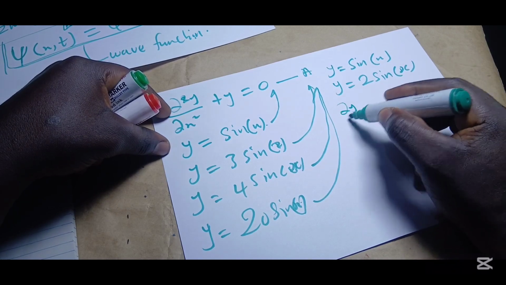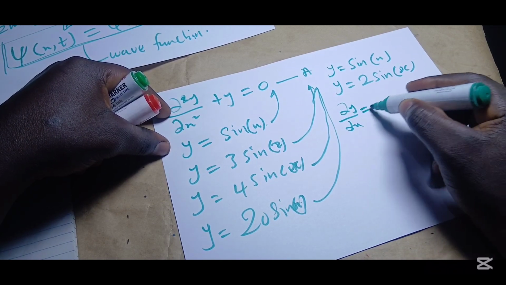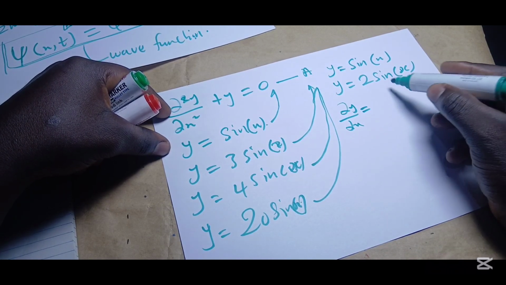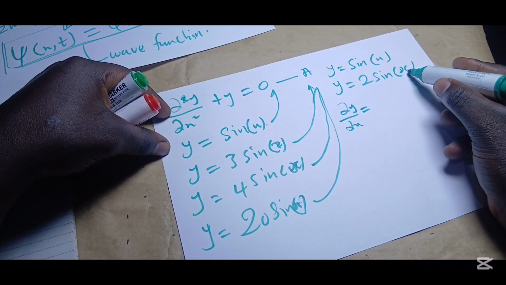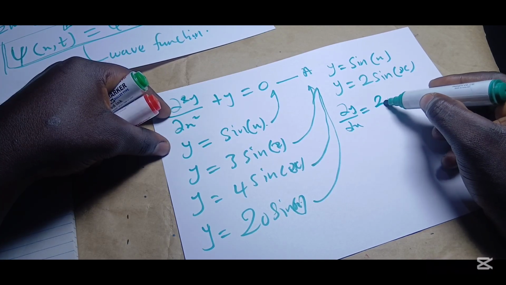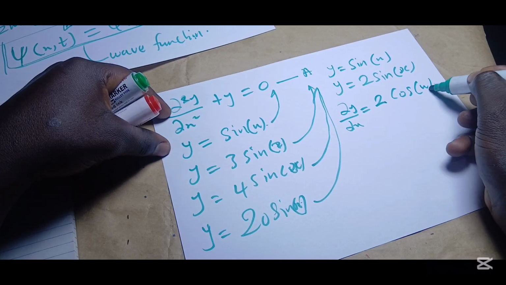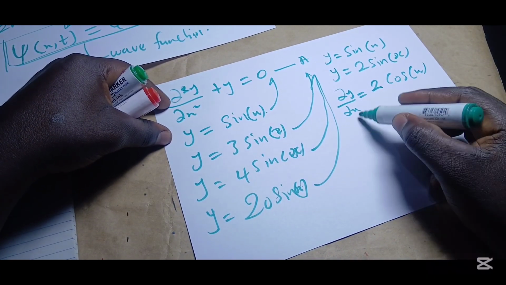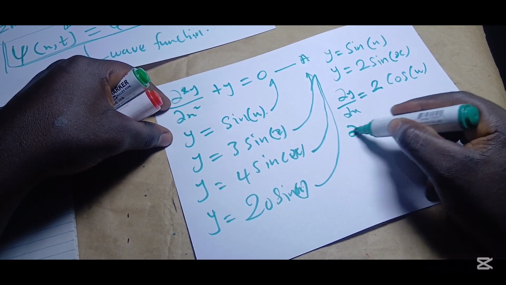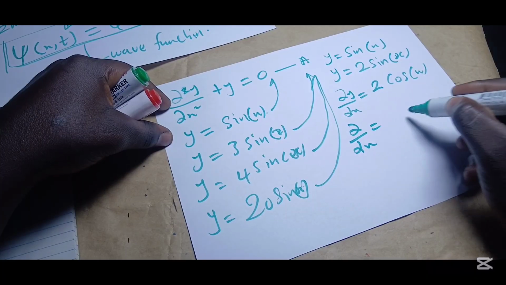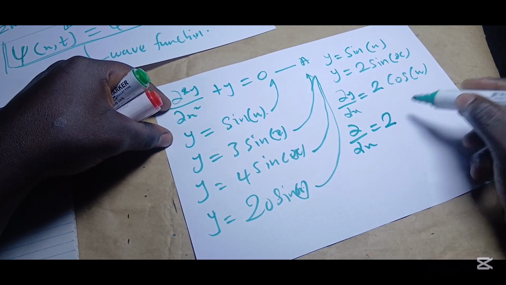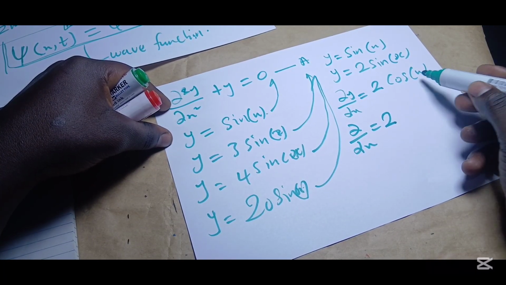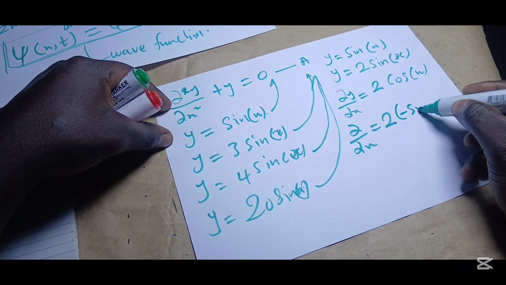So dy with respect to x gives us what? Differentiating sine will give us cos. This is going to give us 2 cos x. Let's differentiate it again with respect to x. We are going to get 2 times, differentiating cos x will give us negative sine x.